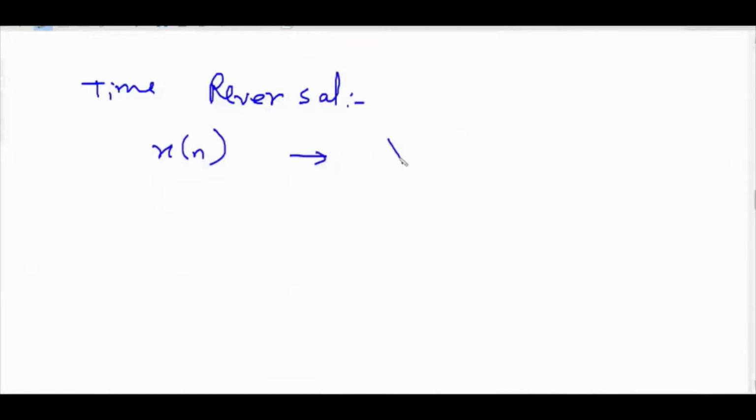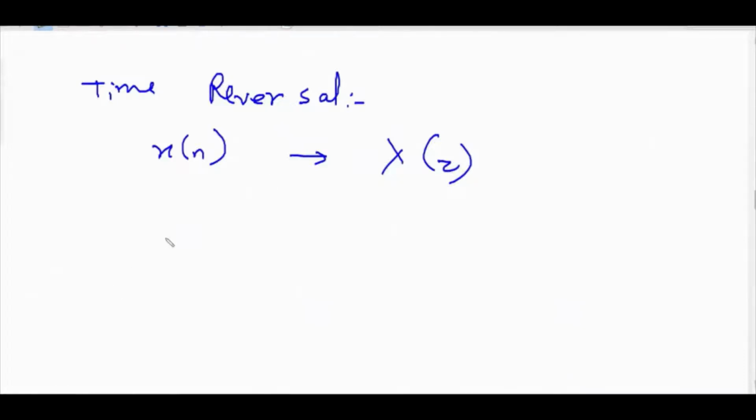Now the next property is the time reversal property. According to this property, if x of n has z transform x of z, then x of minus n has z transform x of 1 by z.